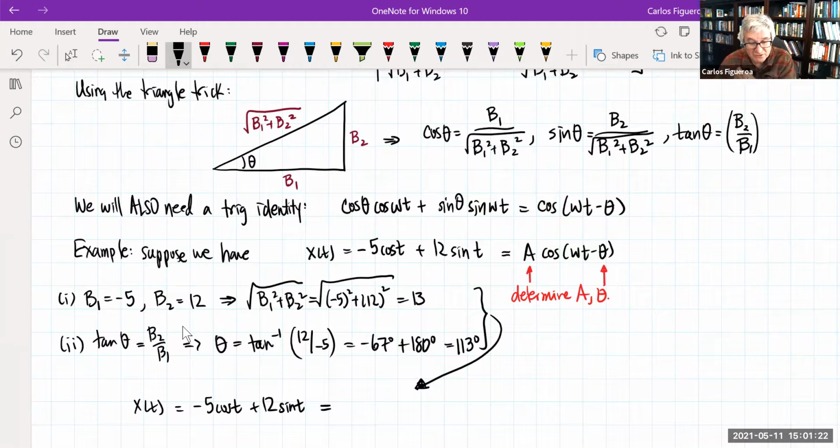Now if I convert that into an amplitude and a phase, the amplitude is the square root of B1 squared plus B2 squared, so this is going to be 13. And then I get cosine of t minus 113.